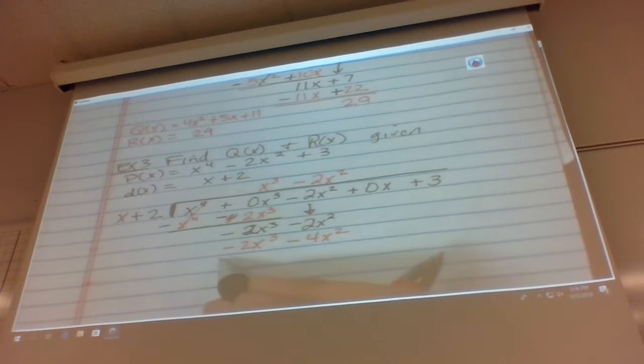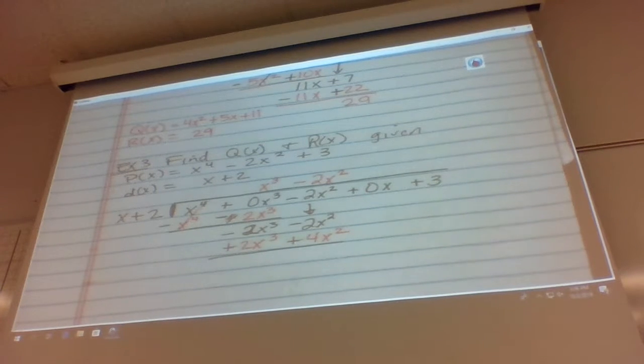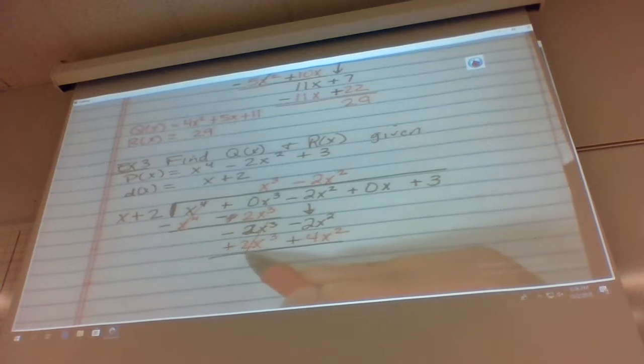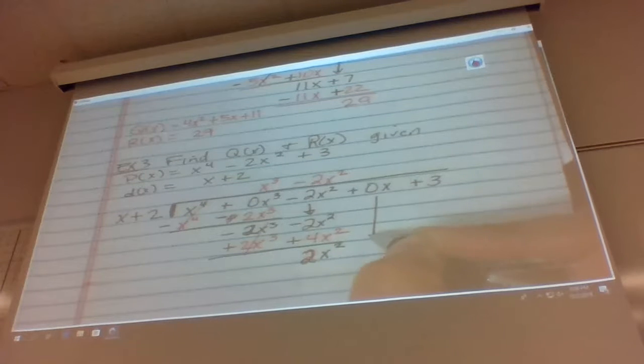Negative 2x squared, but when you bring it down, you have to change it, so it's a positive 2x squared. Bring down that. So it's positive, and that squared cancels out, that's 0, which is 1.